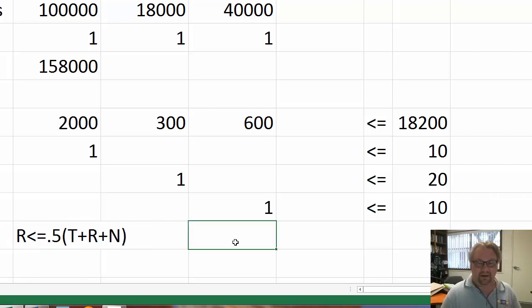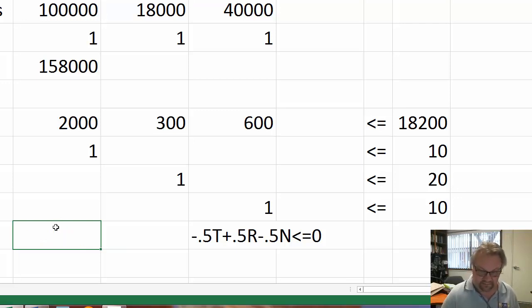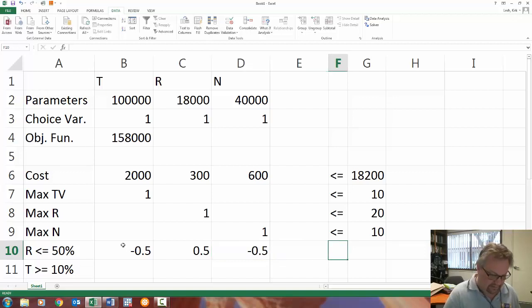Moving everything to the left, I get negative 0.5 television plus 0.5 radio minus 0.5 newspaper less than or equal to 0. So this constraint has coefficients negative 0.5, 0.5, negative 0.5, less than or equal to 0.